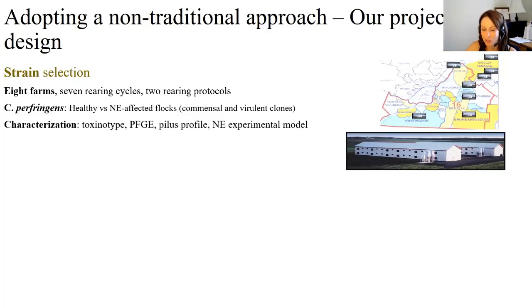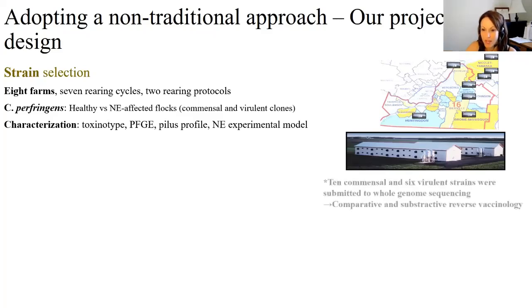We also established the type 4 pilus profile for most of these strains, and some of them were also tested in a necrotic enteritis experimental model. In total, 10 commensal and 6 virulent strains were submitted to whole genome sequencing, and to these genomic data, we applied comparative and subtractive reverse vaccinology.